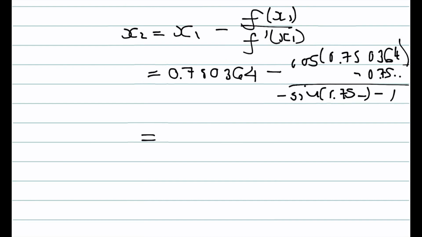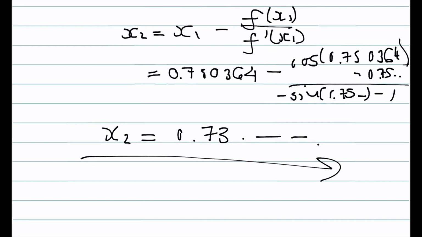And you should get a final value of 0.73 something. And that is Newton's method, and this is our second approximation to the root of cos x minus x.